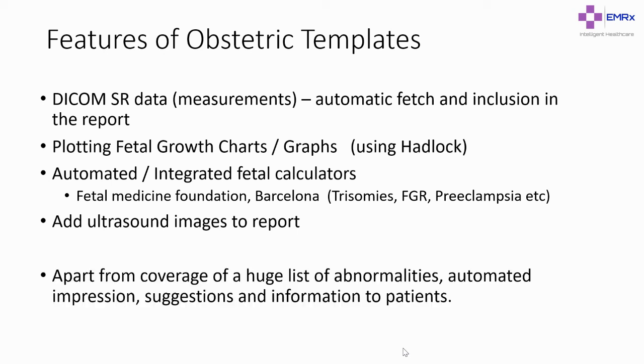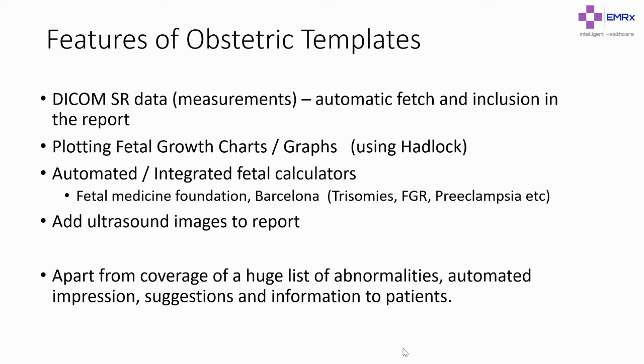The most important thing is all of these features that I just mentioned are built on top of all the fundamental strengths of Emerald, which is that Emerald comes with a huge list of abnormalities. In fact, for example, for the TIFA scan, there are probably over 300 different abnormalities that are listed, and many of them are not just the frequently occurring ones, but also several rare and very rare ones are also covered.